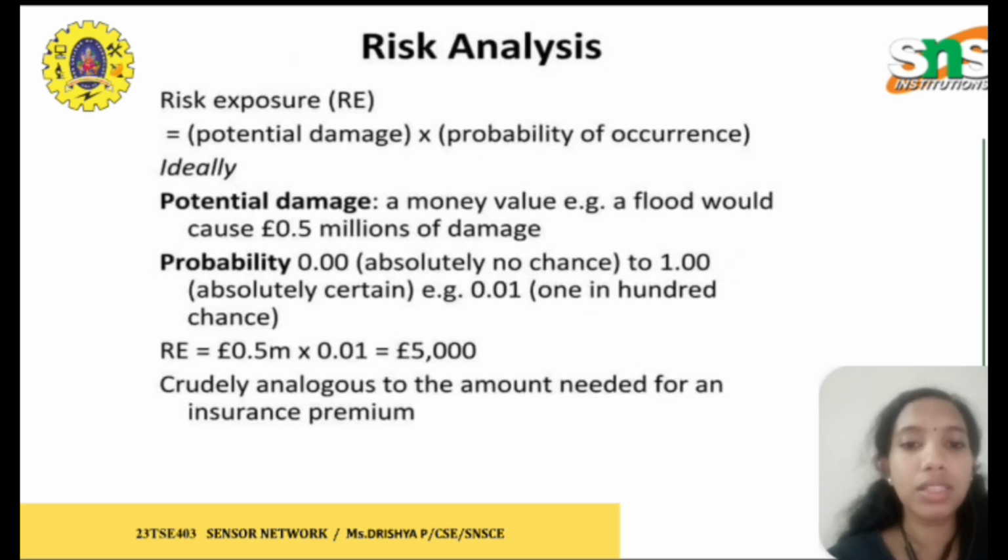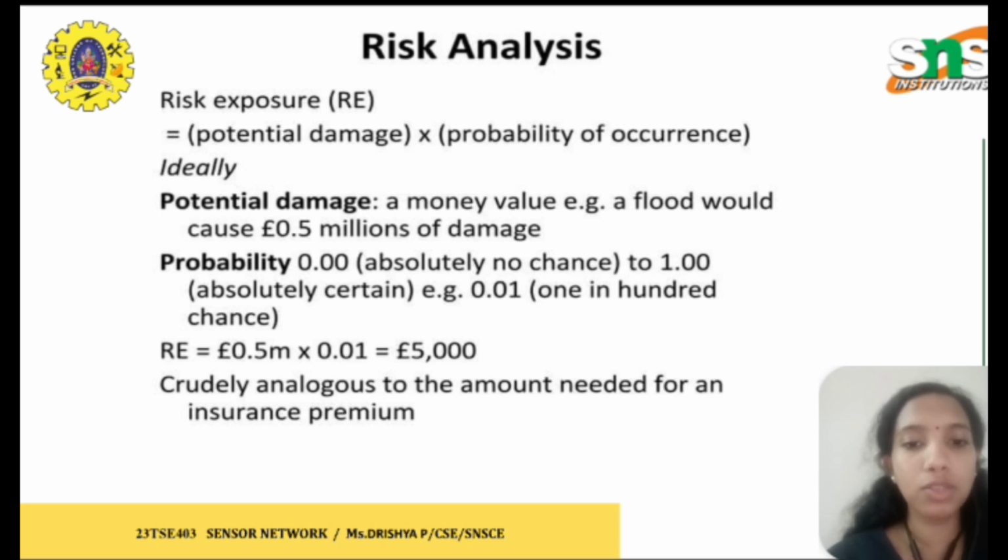Next is risk analysis. It has a formula: RE is risk exposure. The formula for risk exposure is potential damage multiplied by probability of occurrence. So we have two factors, potential damage and probability.